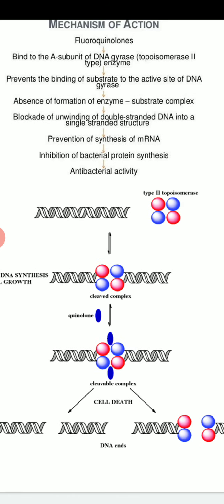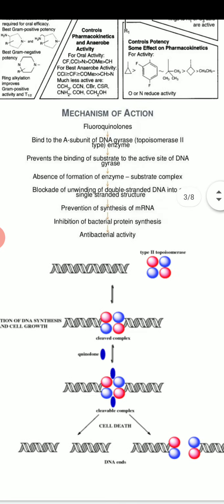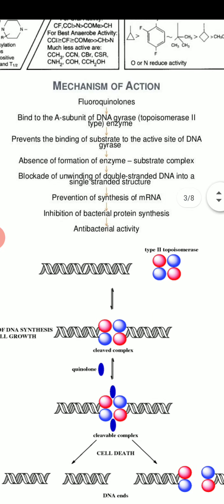In moxifloxacin and gatifloxacin, both contain at position 8 the methoxy group, and in lomefloxacin, that is a fluorine group. So here is the structure activity relationship of quinolone antibiotics.